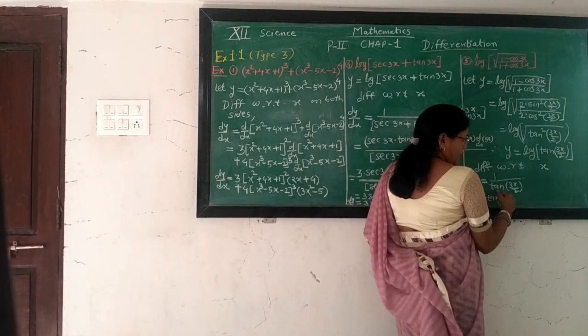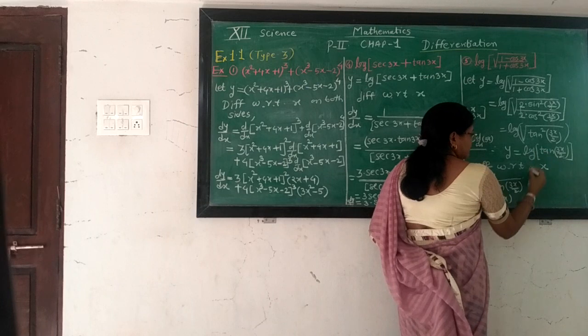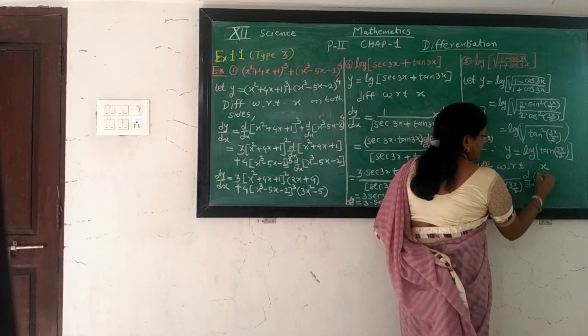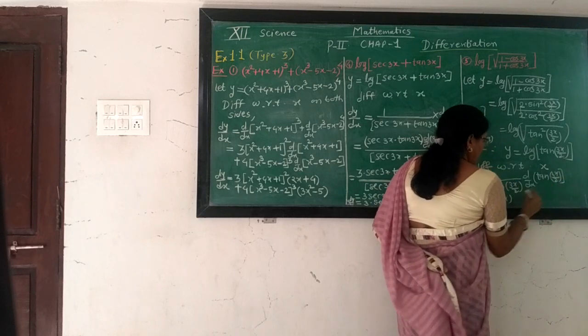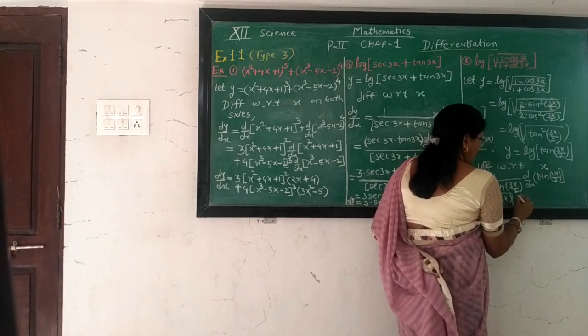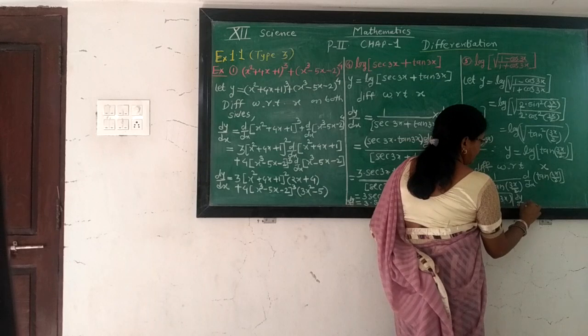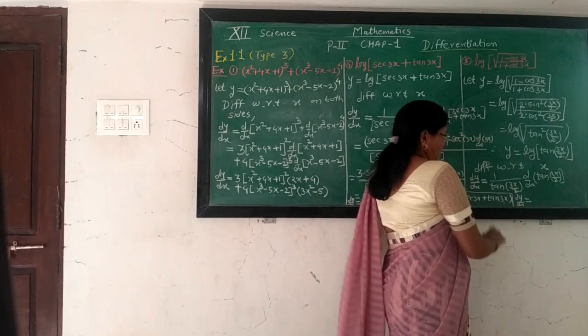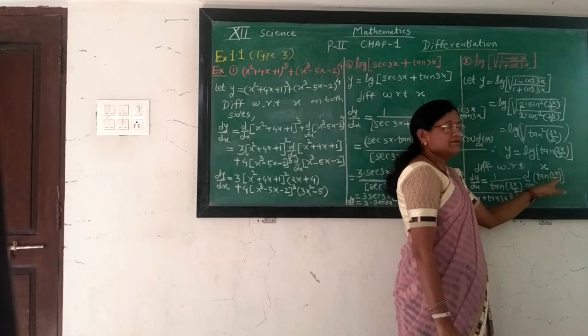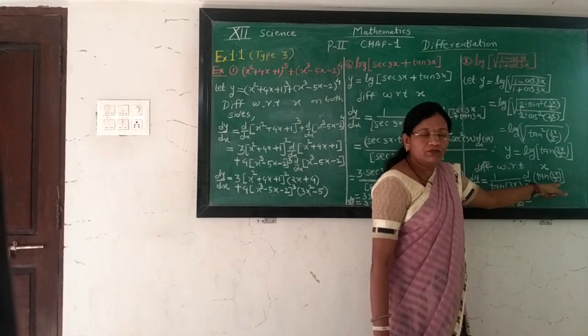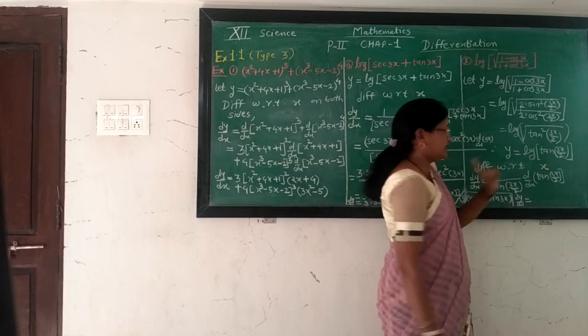Next we multiply by the derivative of tan 3x by 2. So dy by dx is equal to 1 upon tan 3x by 2, and the derivative of tan 3x by 2 is sec square 3x by 2.